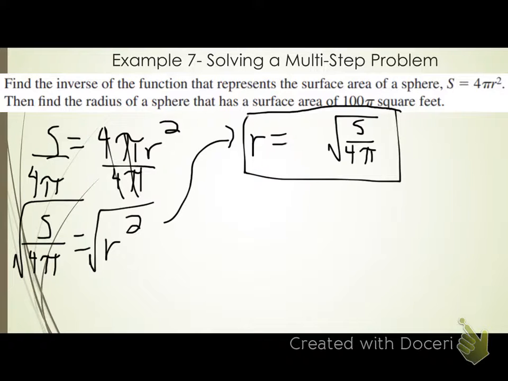Now, it wants me to find the radius of a sphere that has a surface area of 100 pi square feet. So how can I find that radius? Plug in 100 pi for S. It's telling me to find the radius of a sphere that has a surface area of 100 pi.